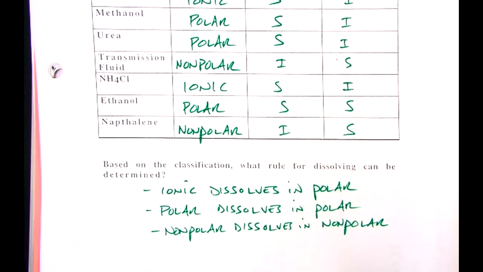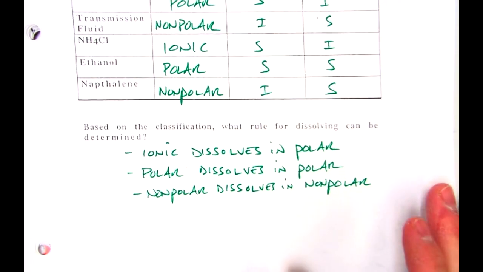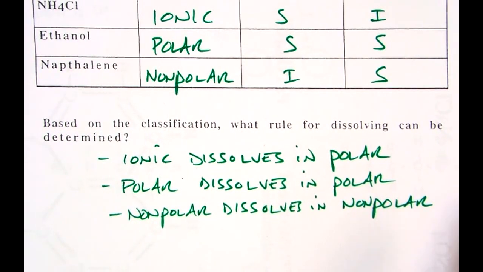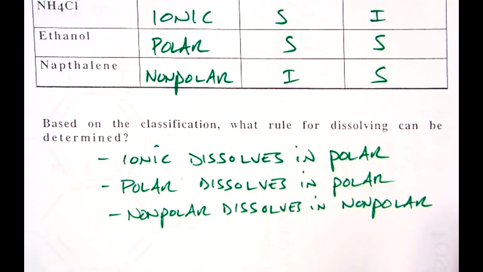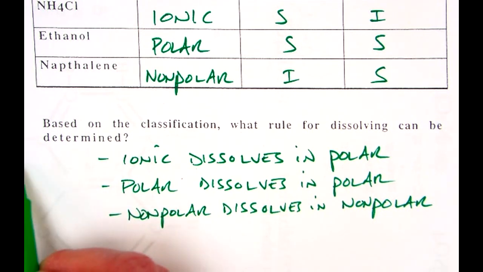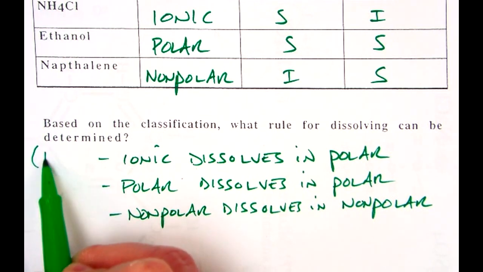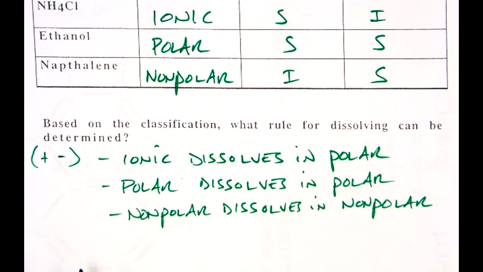Now, what we want to think about here is we've got 3 different rules to memorize, which wouldn't be too bad, but if we could remember 1 rule instead, that would be even better. As we take a look at it, we want to remember that ionic substances have full charges: a full positive and a full negative charge.